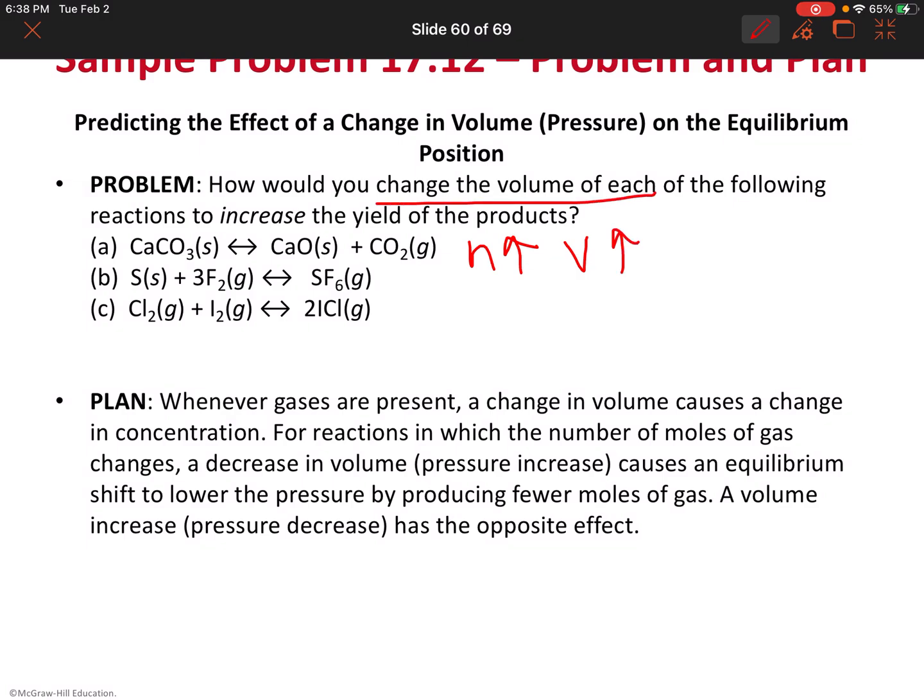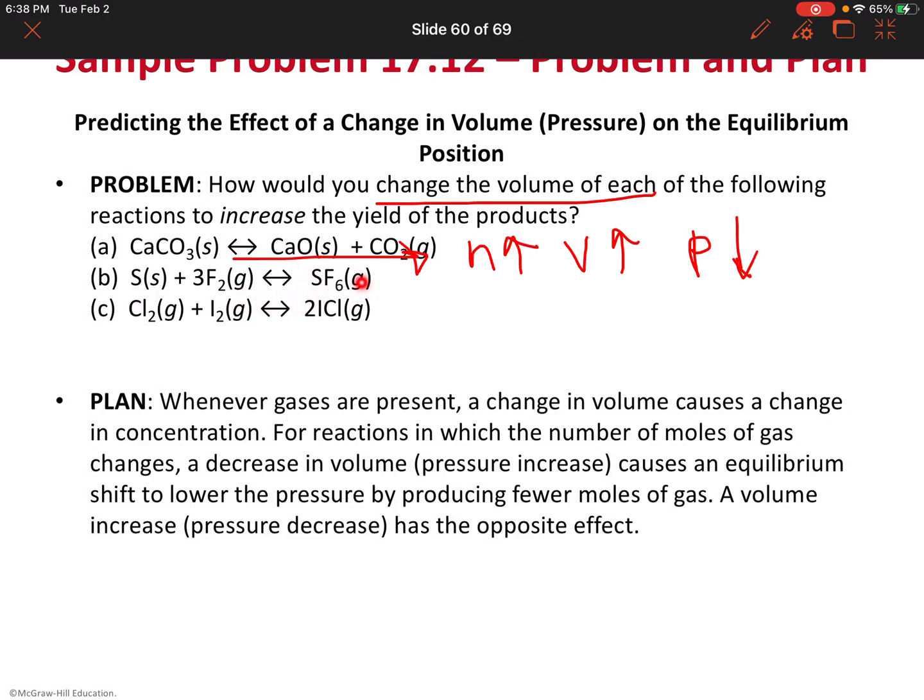So when you increase the volume, number of moles of carbon dioxide increase, so the reaction will proceed. Okay. So we increase the volume. In other words, what happened to the pressure? Pressure decrease.